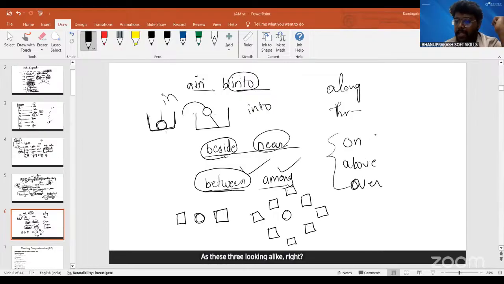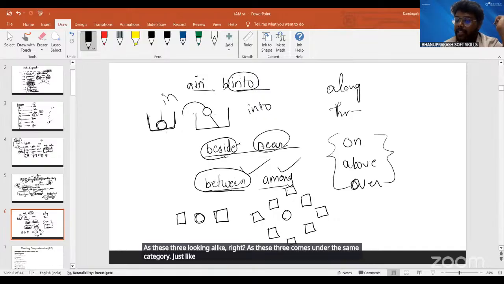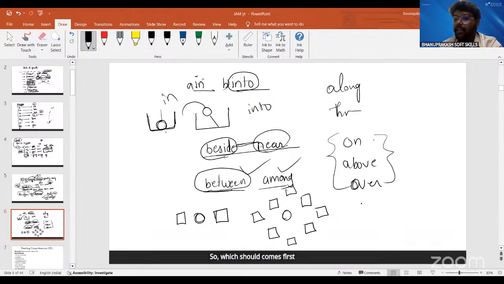They come under the same category. Just like beside and near, it is also a distance thing. So which should come first, then next, and then next. It's in the same order that I have written over there.